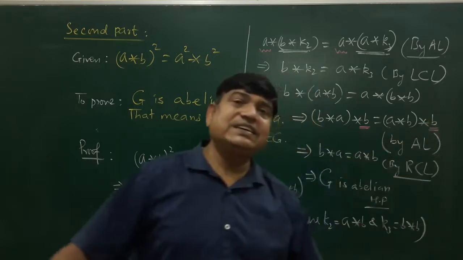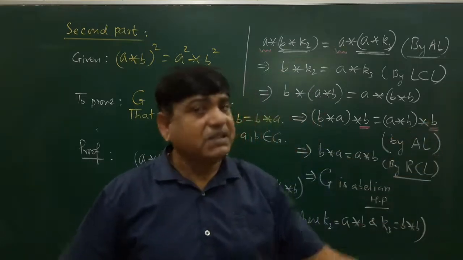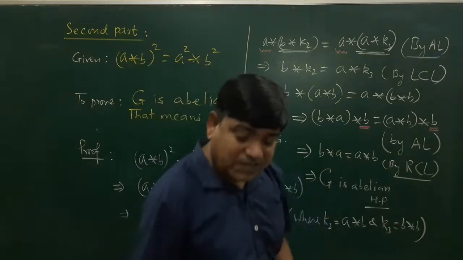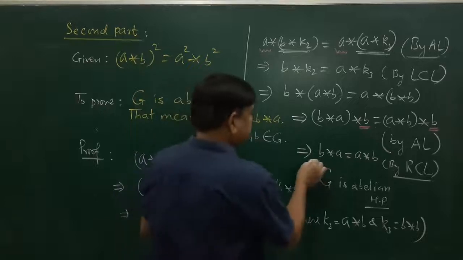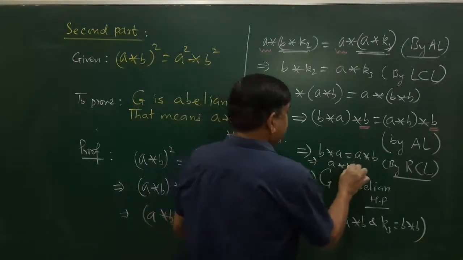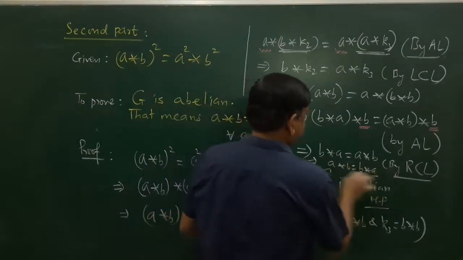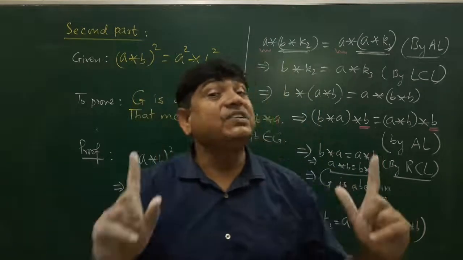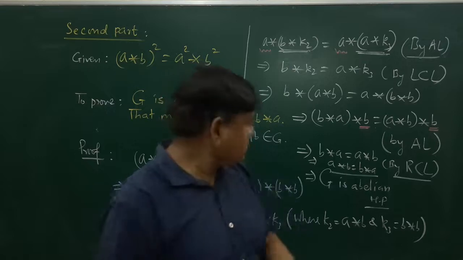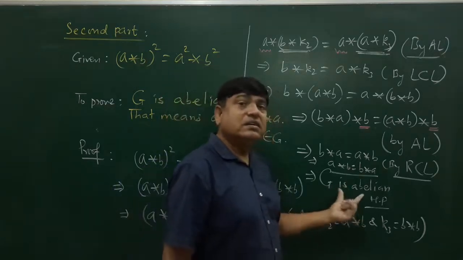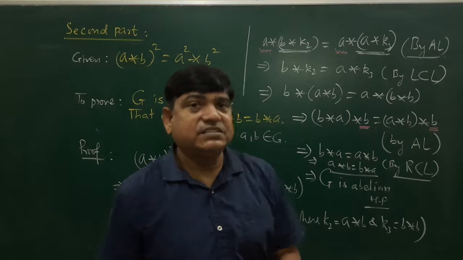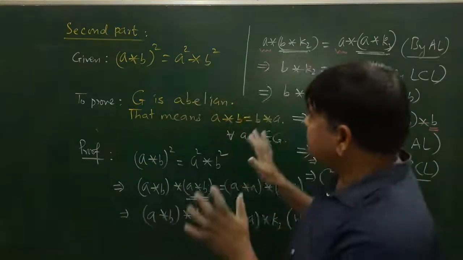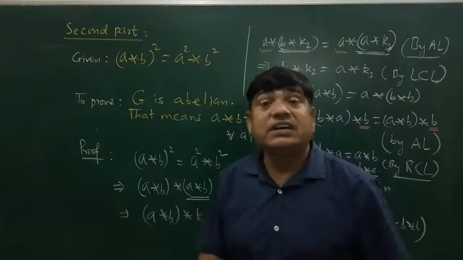So using cancellation law, काटने का नियम, निरसन का नियम, we have proved b star a equals to a star b, or you can write a star b equals to b star a. We can interchange the sides of the equation, fundamental law of equation. So G is abelian. This is a very, very important theorem.